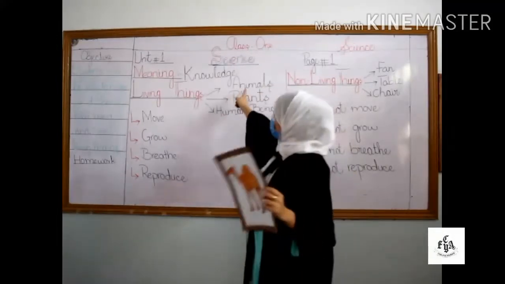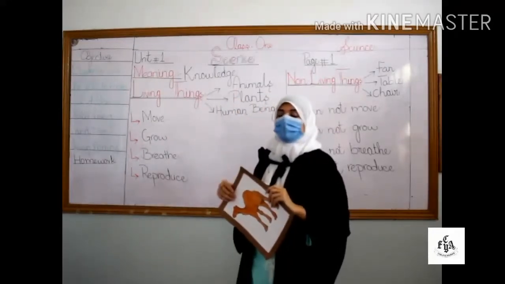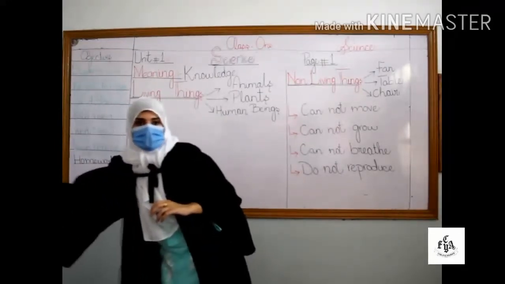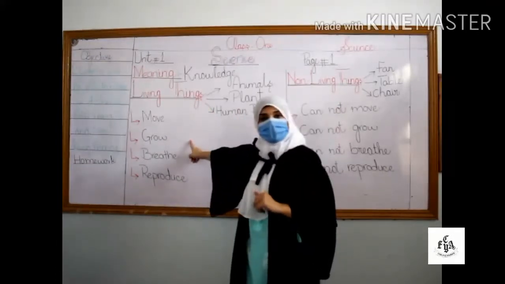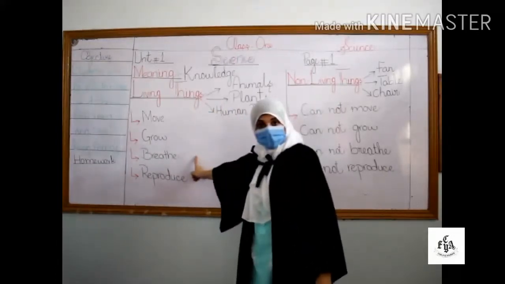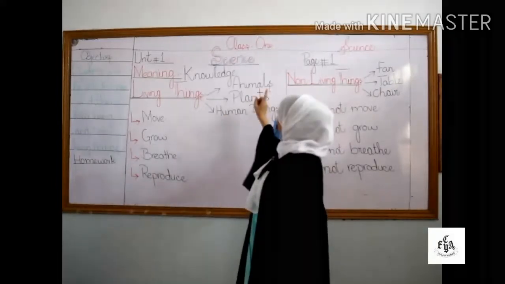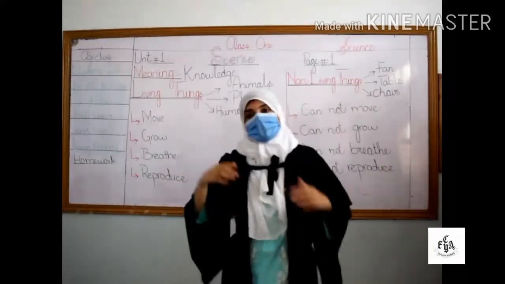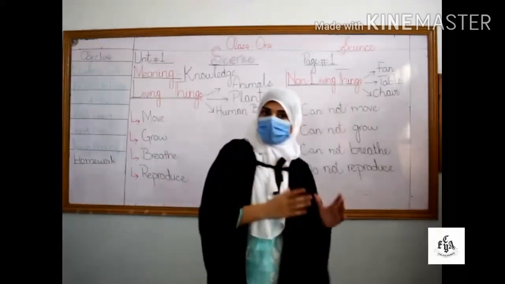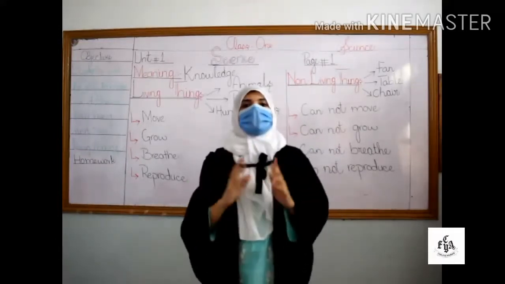So, an animal is a living thing. Why? Because living things can move, can grow, can breathe, can reproduce. Plants are also living things. Plants can also move, can also breathe, can also grow in size. Clear?